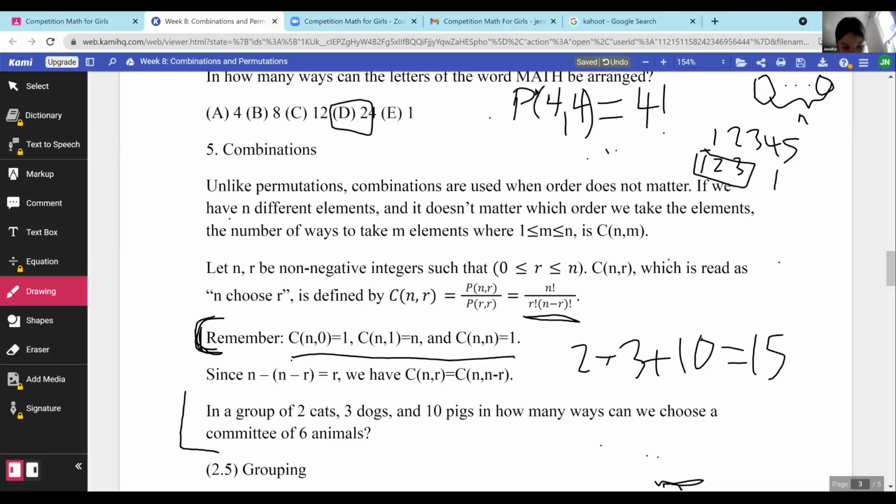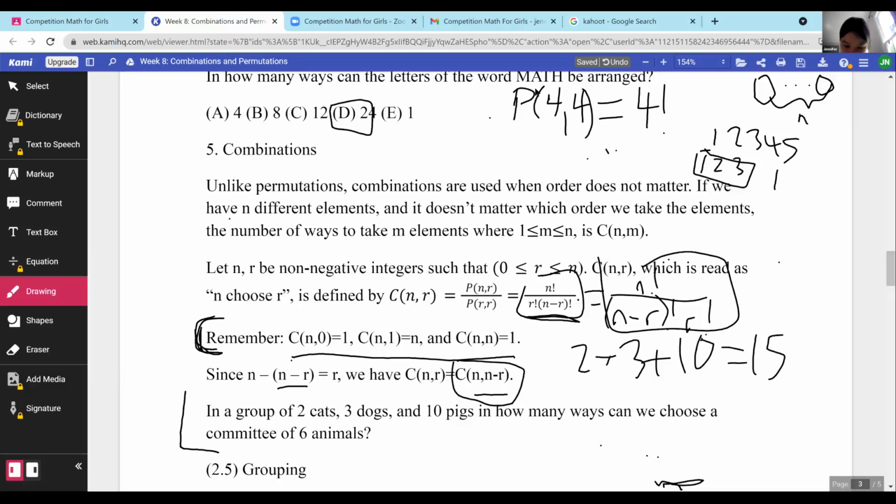And since n minus (n minus r) equals r, we have n choose r equals n choose n minus r. Using this equation, you'll get that. And those are the same, except the denominators are reversed commutatively.